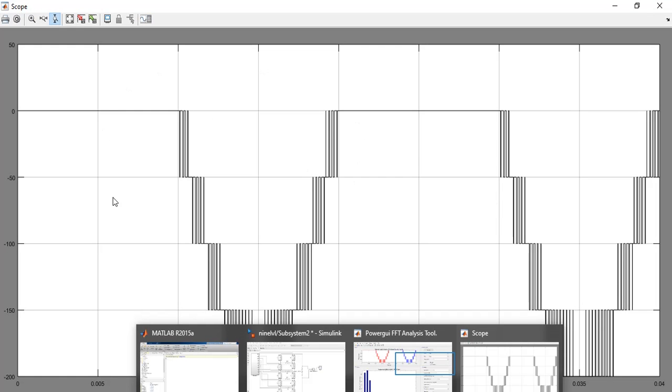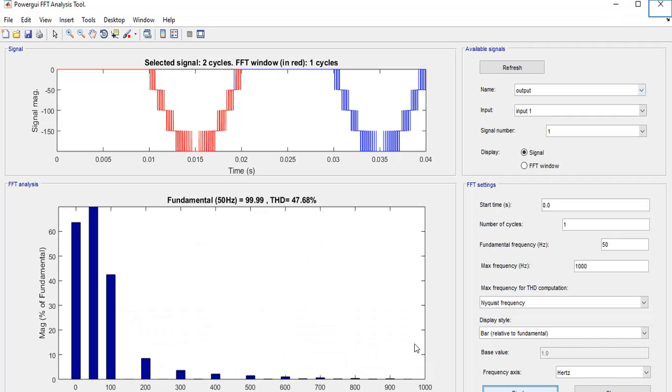The output obtained is an asymmetrical output where the voltage levels from +VDC to +4VDC are not obtained. When an FFT analysis is done on this output, we get a percentage THD of 47.68%. So the THD is increased from 13% to 47%.